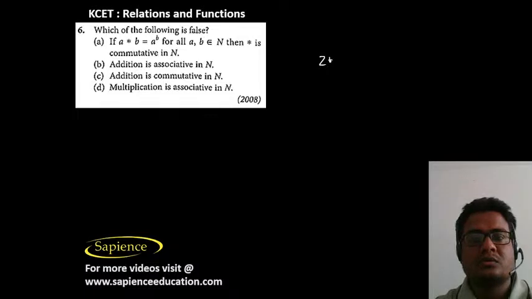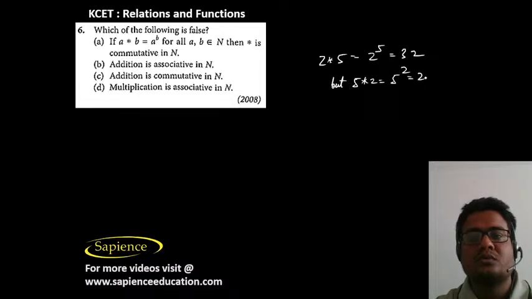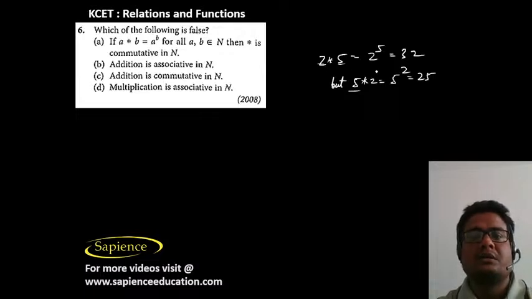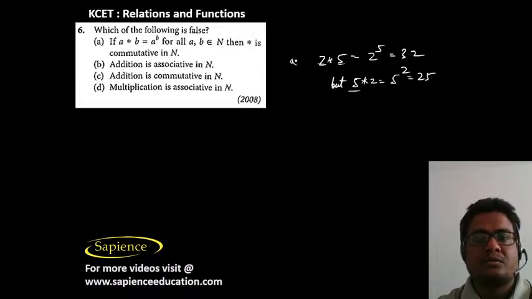If you do 2 star 5, that will be equal to 2 raised to 5, which is 32. But if you do 5 star 2, that will be equal to 5 raised to 2, which is 25. They are not the same, and 2 and 5 are natural numbers. So option A is not correct. So it means that option A is false.